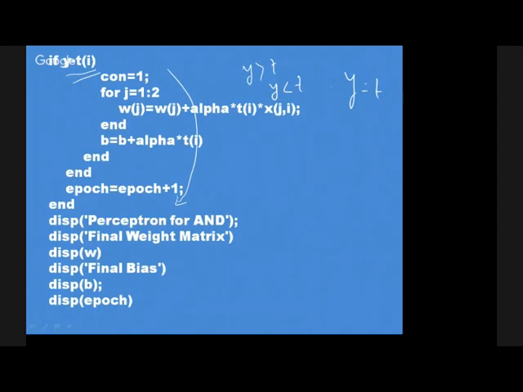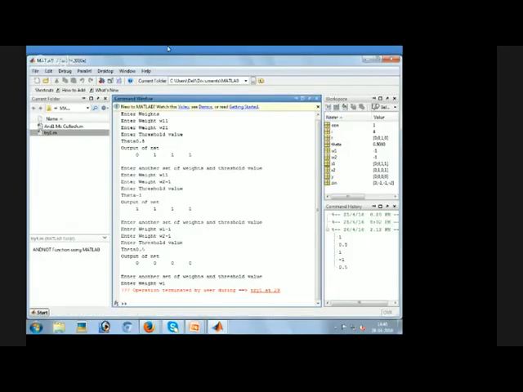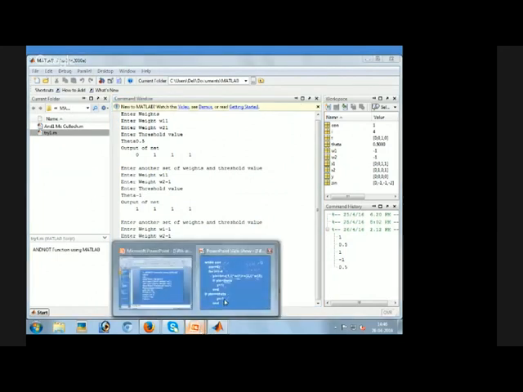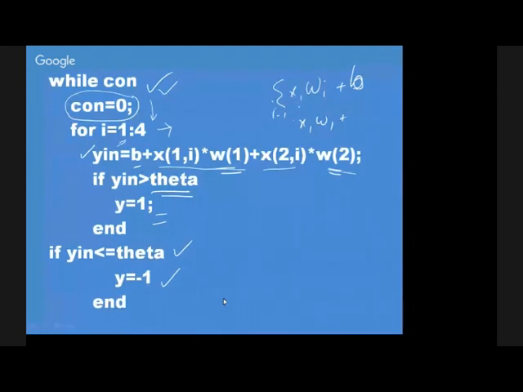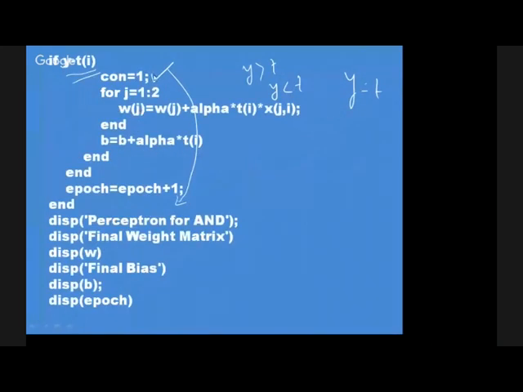So you can write that if y is not equal to ti, or we are writing y minus ti, that means if y minus ti is positive or negative, it is not equal to 0, then again con is equal to 1. That's why previously we gave con equal to 0, and this time again it will be equal to 1, so that it can continue in the loop.